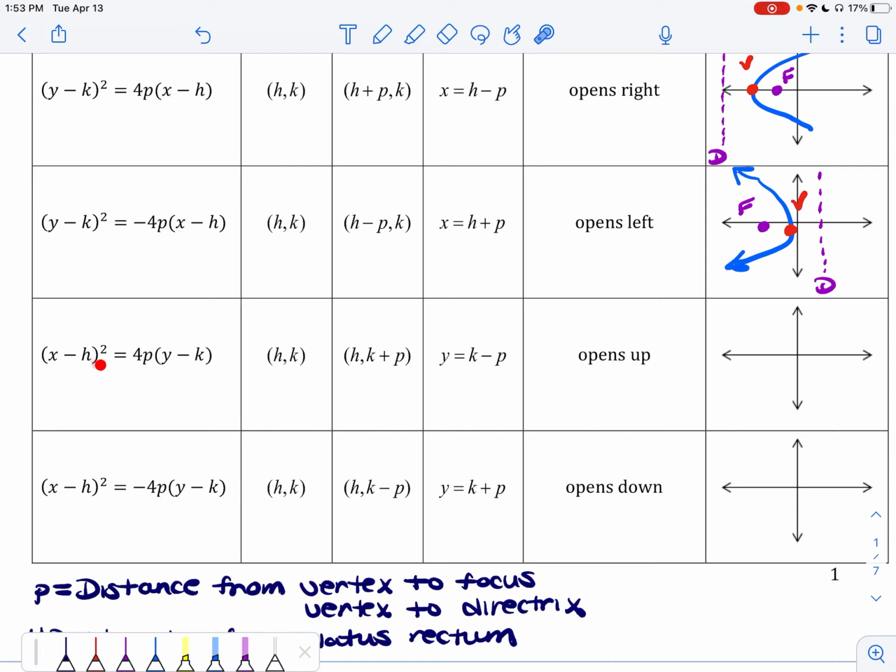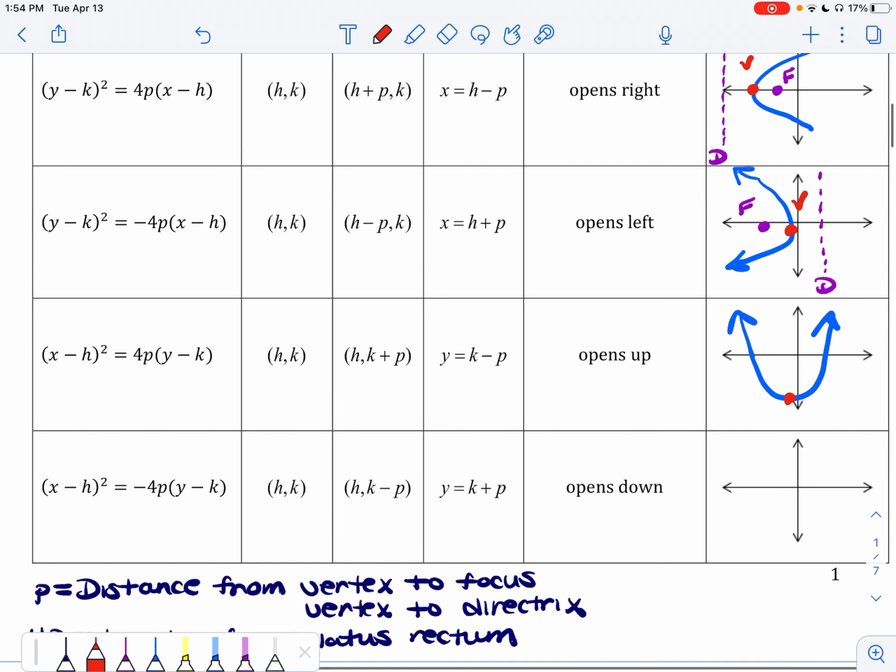If we have an x squared and a positive 4p, this is going to open up. The vertex will be our minimum. The focus will sit above the vertex, and the directrix line will be below the vertex, perpendicular to the axis of symmetry that goes right down the middle.